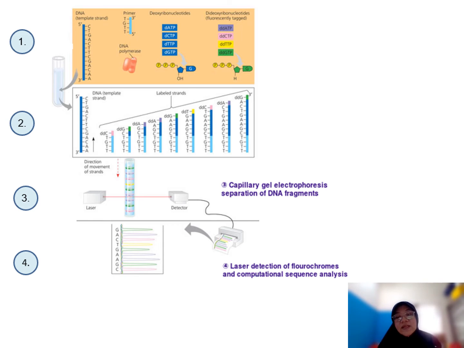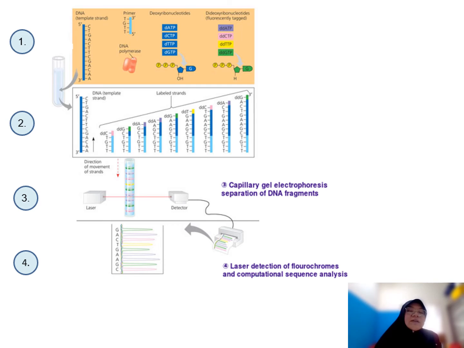Okay, dan dia hanya bind to the template. Okay, bind complementary to the template at the elongation primer pada at the end of the elongation. Okay, bila dia bind je, dia akan terus terminate. So, sebab tu kita panggil dia hanya ada pada at the end of the elongation because fungsi dia adalah bind and then terminate.